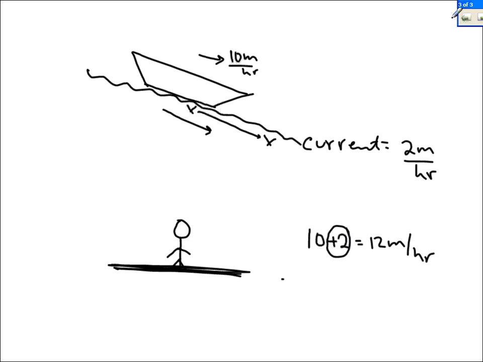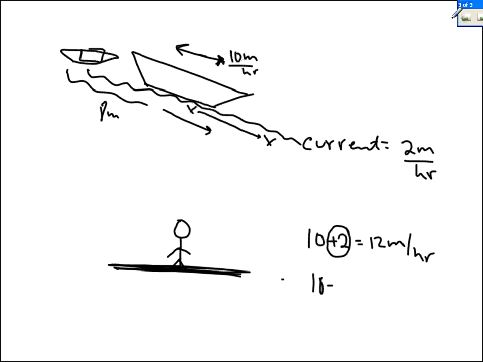If, on the other hand, the person was going upstream, well, in an hour, they moved their boat 10 miles. But the current, the water, went back 2 miles. So this person will look at the boat an hour later and say, oh my, the boat only went 8 miles.